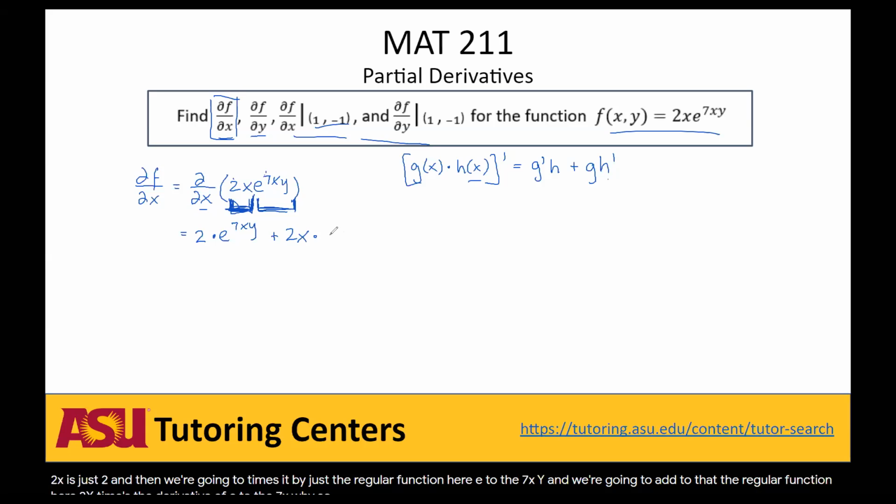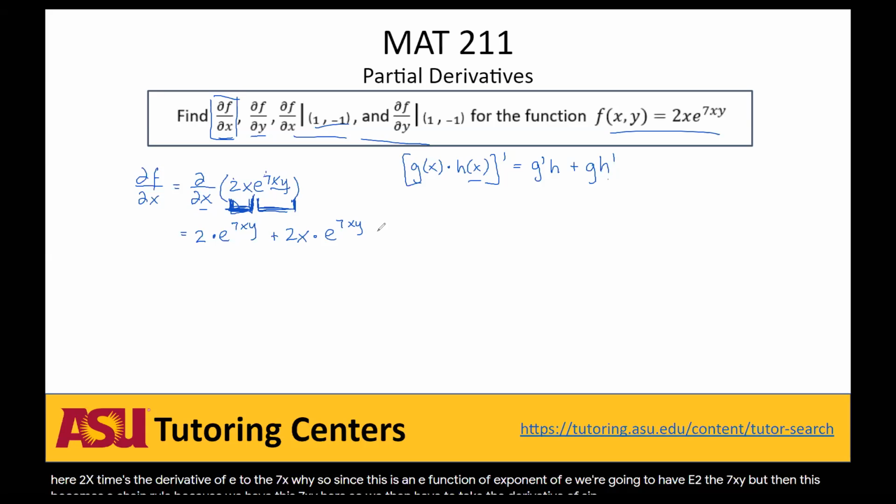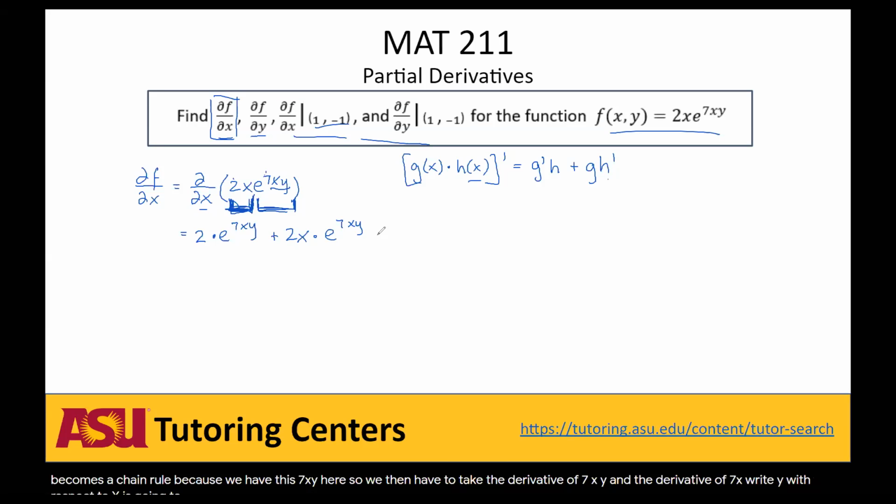Since this is an exponent of e, we're going to have e to the 7xy, but then this becomes a chain rule because we have this 7xy here, so we then have to take the derivative of 7xy, and the derivative of 7xy with respect to x is going to be 7y.